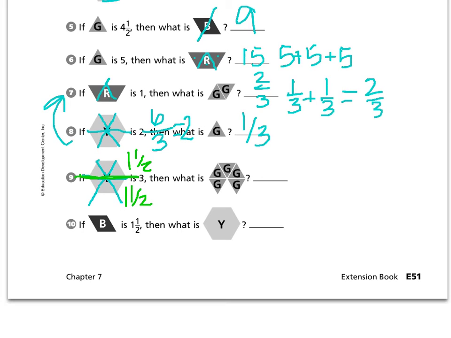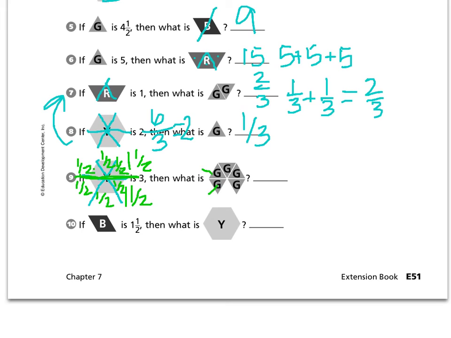Now I need to figure out how much each of these pieces would be if it's 1.5 total for the top. And I know that I can divide that evenly to be half plus half plus half. And then the same thing will be on the bottom. So each piece is going to be a half.